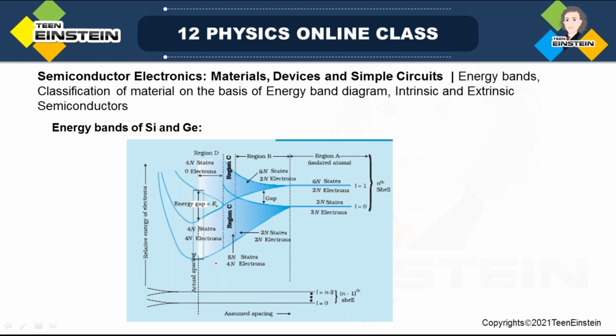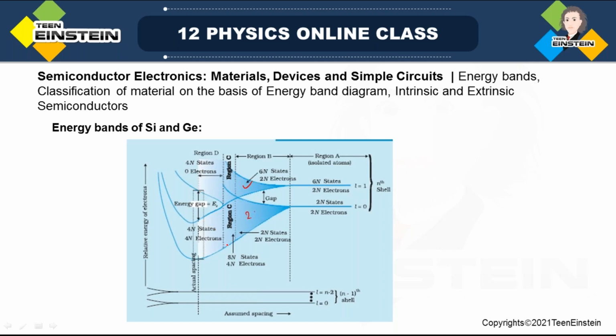We will see that. Now, if you further decrease the interatomic spacing between the atoms, what happens? You will see the energy band splits into two. See here, 6n states were there at the upper level and 2n states in the lower.